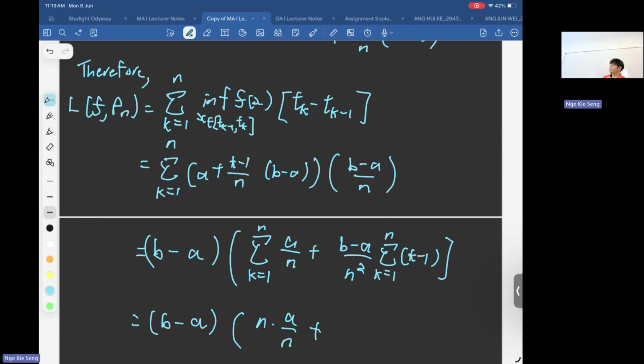So what do you get if you sum k minus 1 from 1 to n? I forgot. I think this is the famous one by Gauss, right?